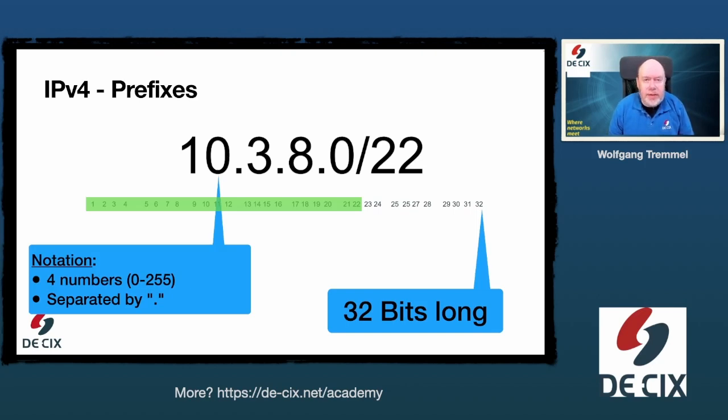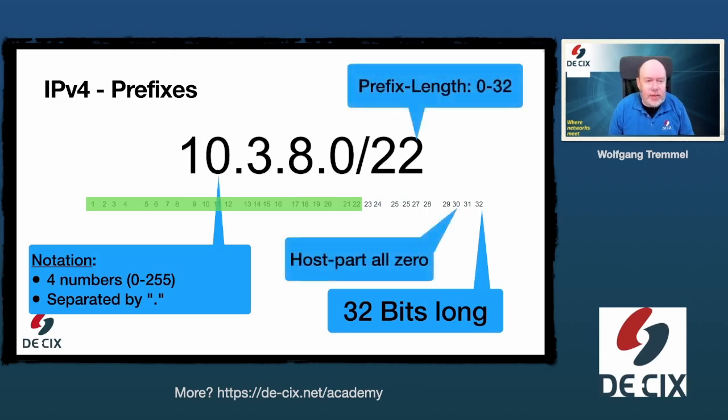The border between network part and host part can be anywhere. We write it with a slash and the length of the prefix, so the length of the network part. And also in IPv4, if we write down a prefix, the host part is zeros. It doesn't mean decimal zeros; it means if we write down the single bits, all the bits in the host part are 0.